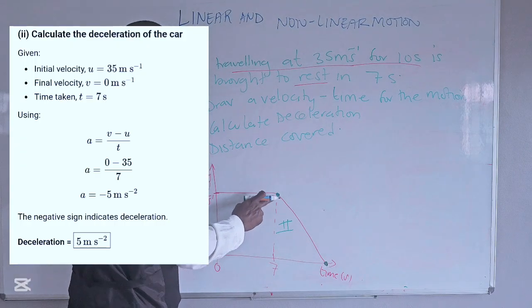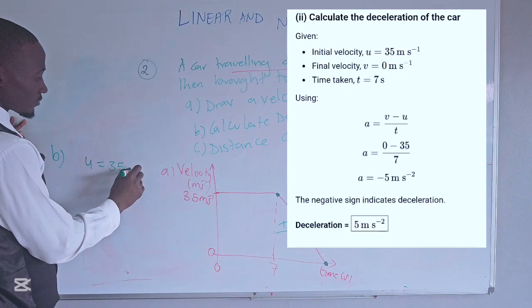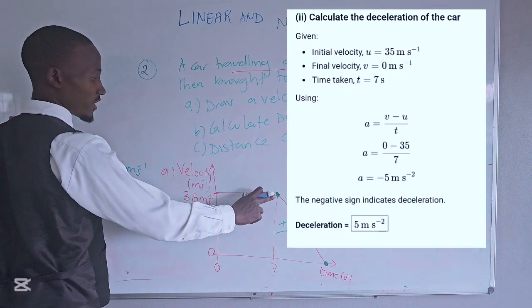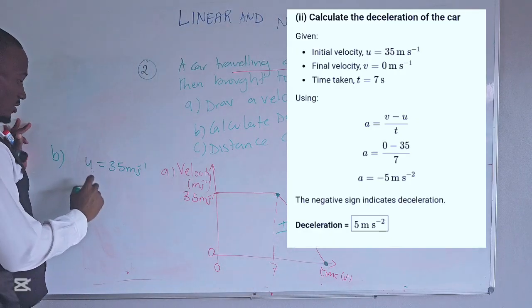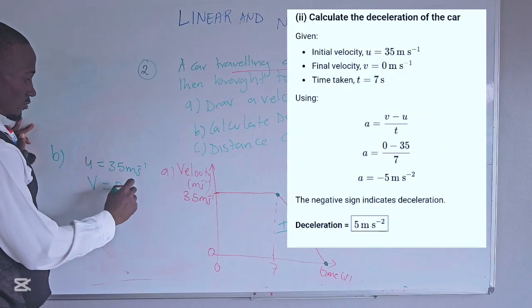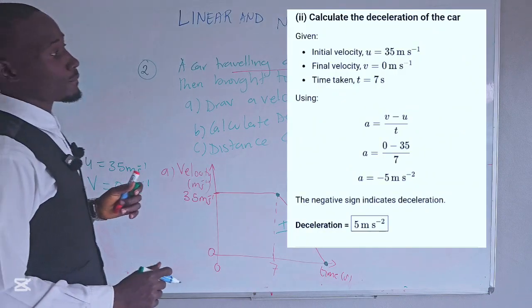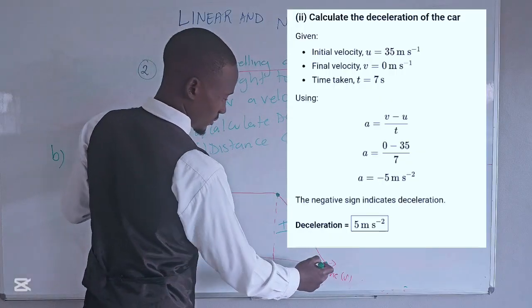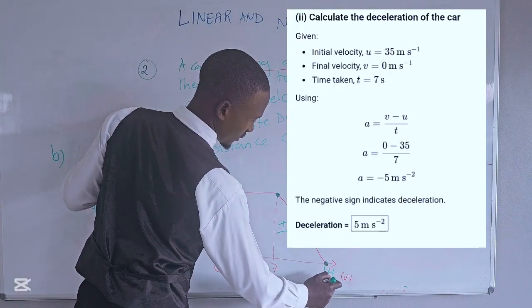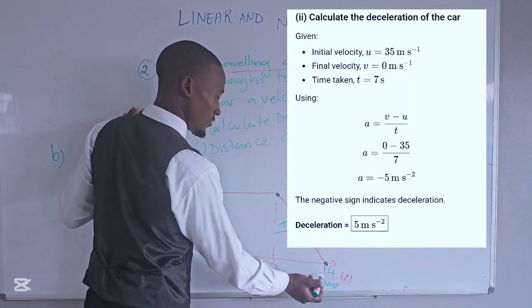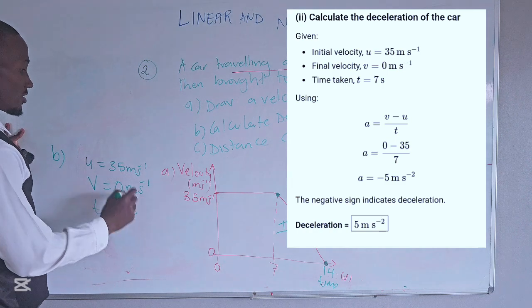So our starting velocity is going to be 35 because this is where the car starts to decelerate. Then our stopping velocity is going to be 0 and the time they said is 7 seconds. So on the time axis, this is going to be 17, such that the difference is 7. So this is 7 seconds.